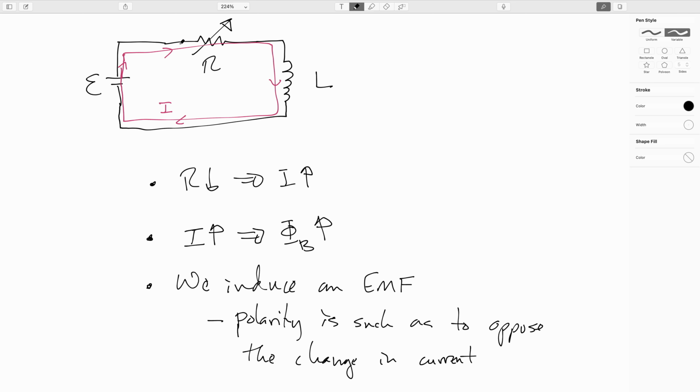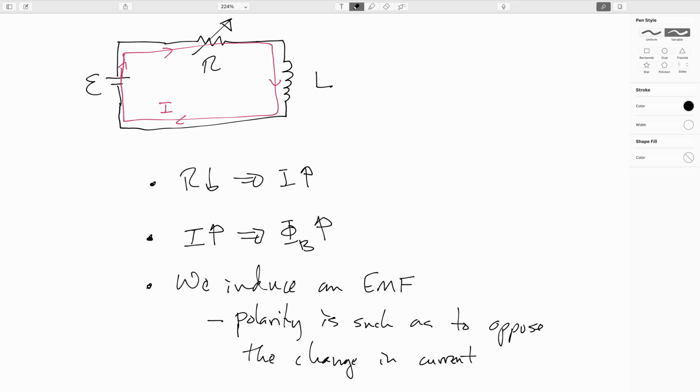And as the current increases, that would increase the magnetic flux, and we would just keep on going and going. We could just boil a whole bunch of water off of the resistor or whatever and do all the work that we would ever want.